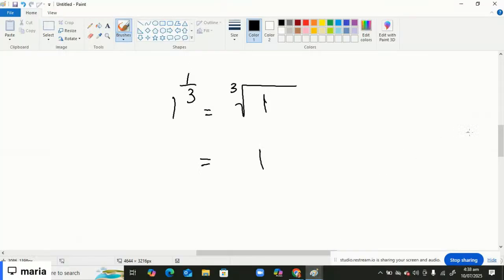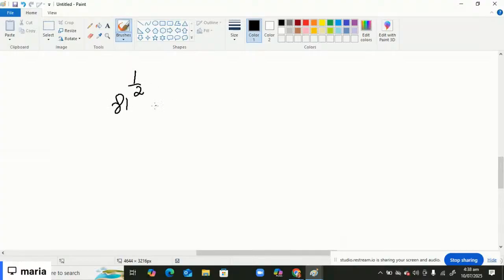All right, now let's suppose I'm going to write it here. Here is the digit which we are going to take, 81, and this is half. So let's see, this square root is basically the half, and then it's 81. So 9 times 9 is 81.